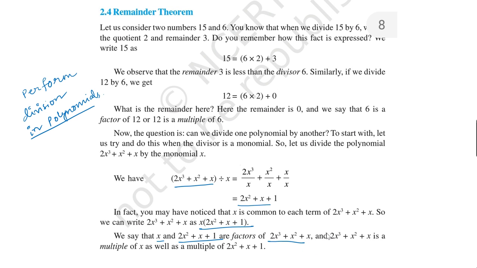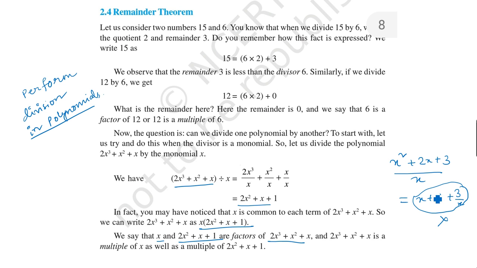But suppose we are given x square plus 2x plus 3, and we try to divide it by x. We get x plus 2 plus 3 by x. This is not a polynomial, right?